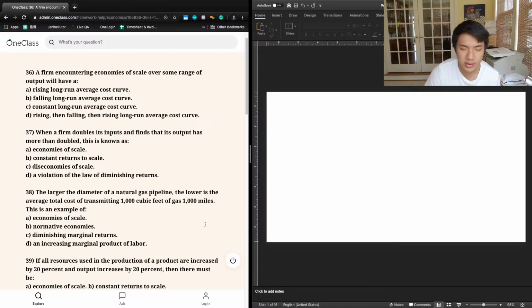So again, we mentioned this a little bit in the previous question, but economies of scale refers to a circumstance for certain industries and certain producers where, for a certain range of output, increasing the overall level of output actually starts to decrease your long-run average costs.